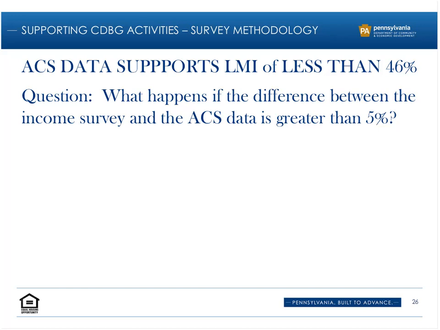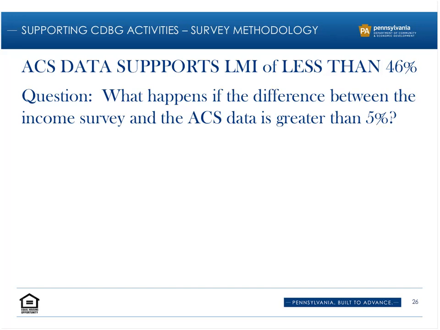any known demographic changes that may have impacted the ACS data prior to undertaking the survey, and you will need to receive DCED's approval before moving forward. So what DCED is looking for is what has occurred in the community since 2010, which would be the last year of the ACS, the 2006 through 2010 combination of the ACS data.